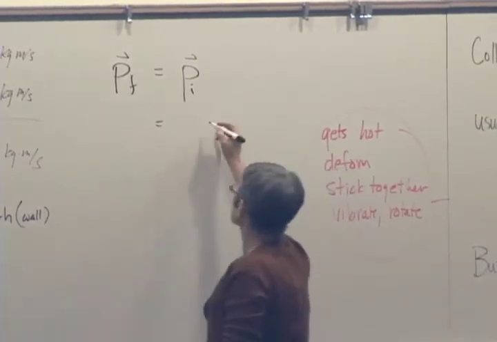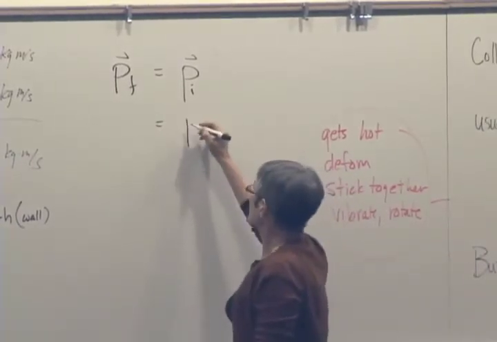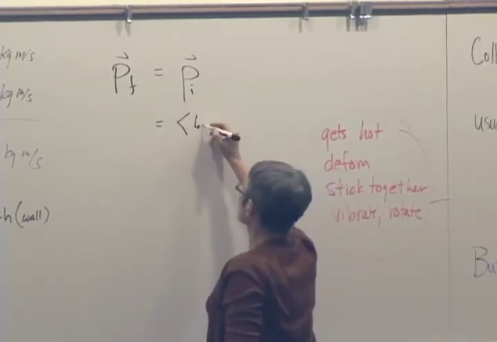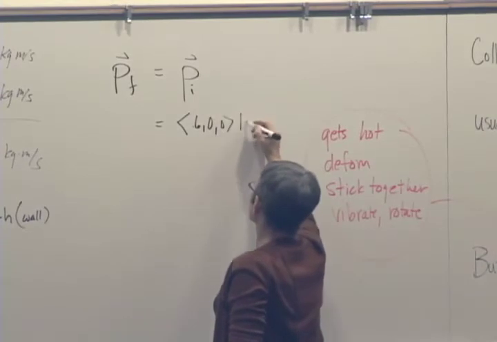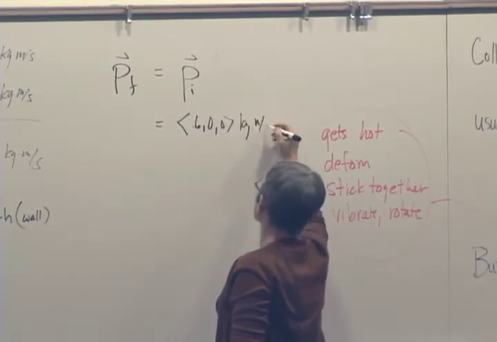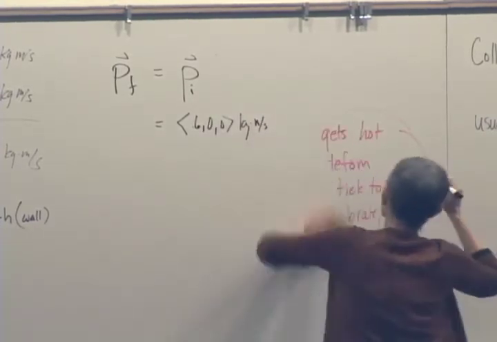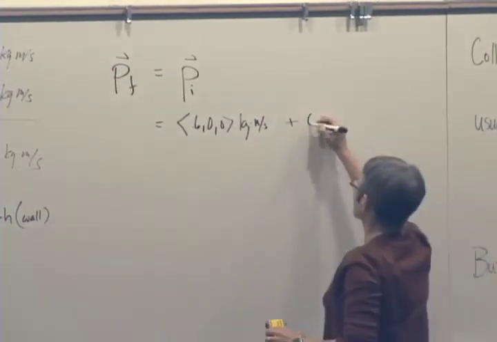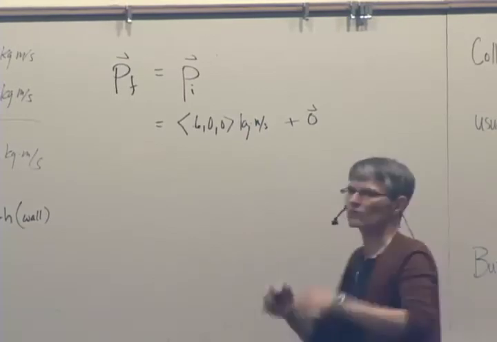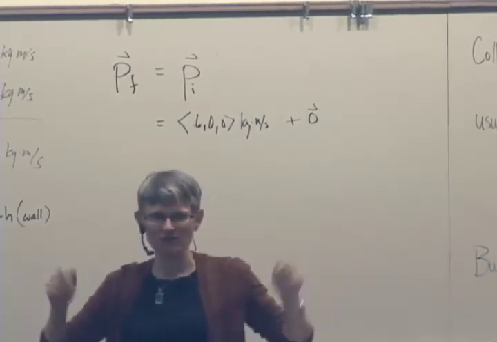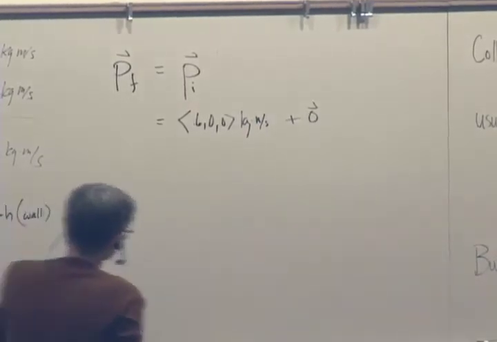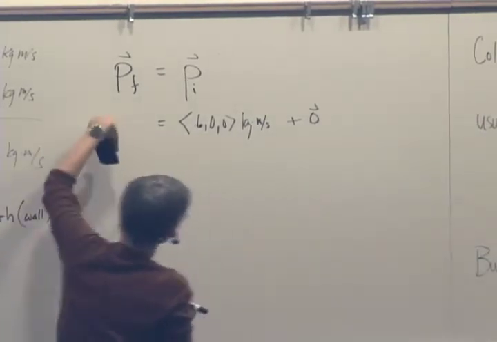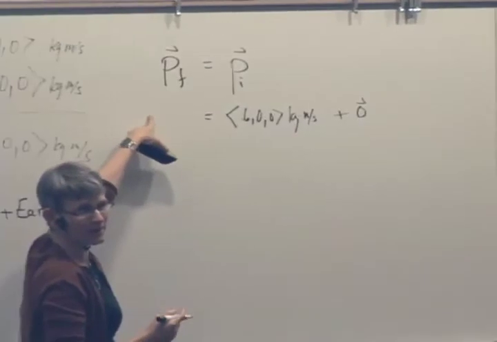And so initially we just had the momentum of the ball, which was 0.600 kilogram meters per second, and we're in a reference frame standing on the Earth, so we say that the momentum of the Earth relative to that location is 0. So the total momentum finally had better add up to that.